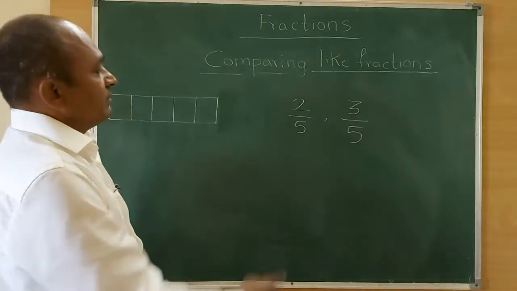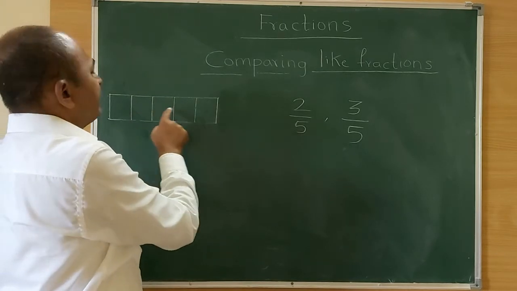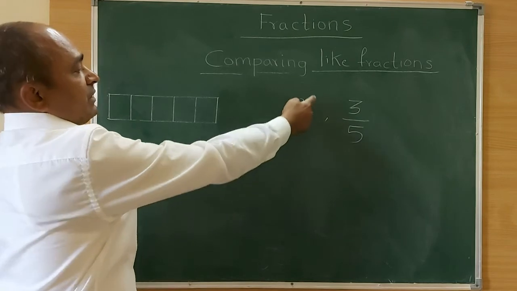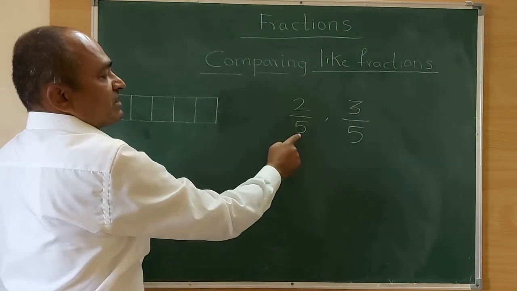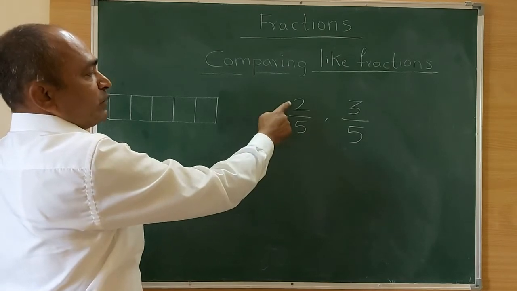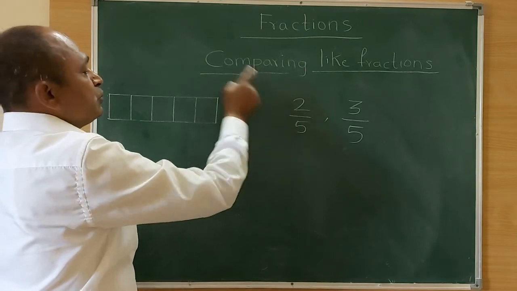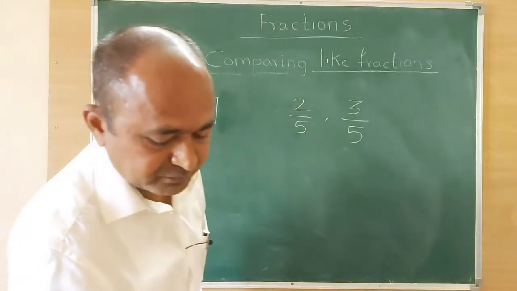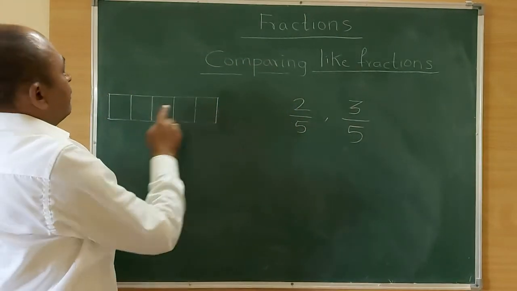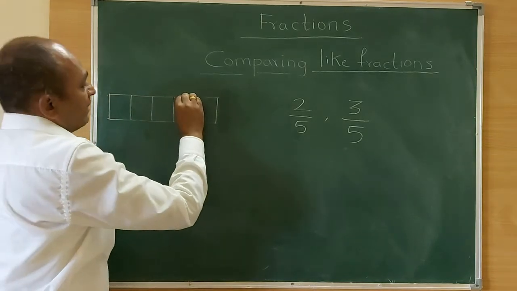This fraction's denominator is 5, meaning something is divided into 5 equal parts. We have studied the denominator: it shows that one whole object is divided into 5 equal parts. And how many of those parts are considered? 2 parts are considered. Now 2 out of these 5 equal parts, I will color.